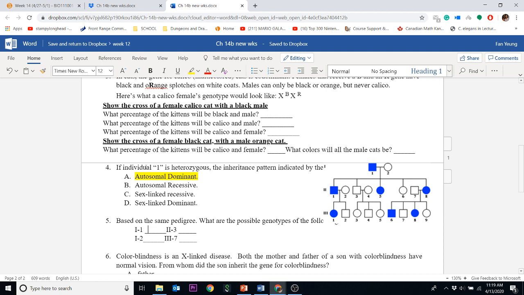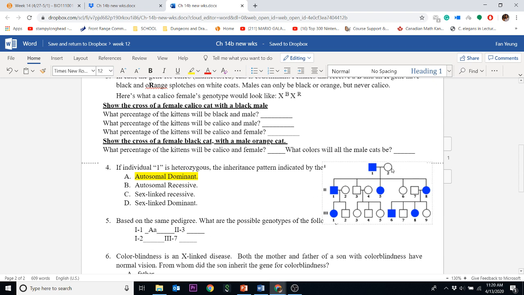If it's heterozygous and showing disease, that means it has to be autosomal dominant. That's why it's A, okay? So number 1 is heterozygous, so it has to be big A, little a, right? Only need one dominant allele to show the disease.